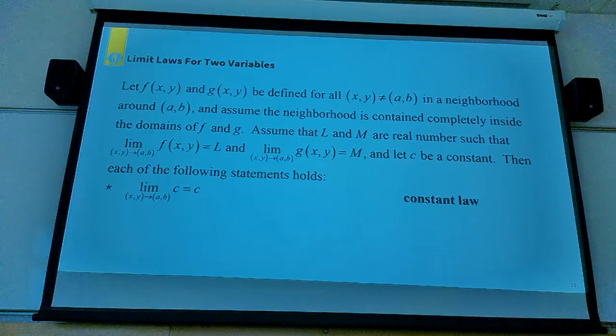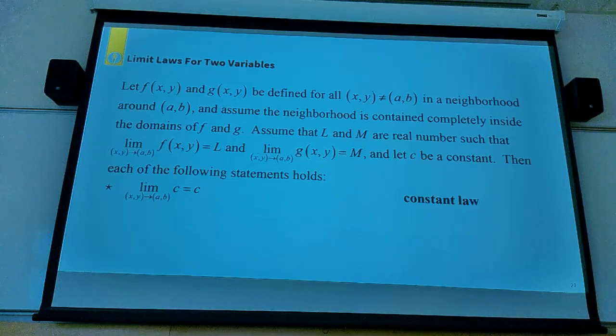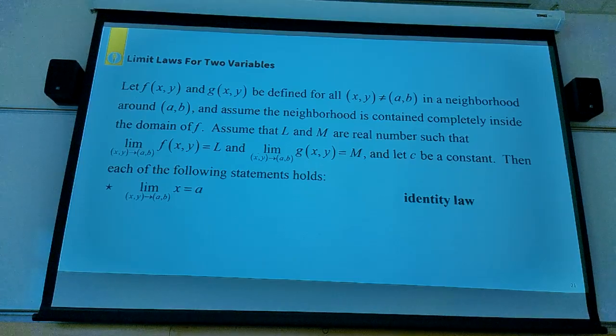The limit of a constant is that constant. The limit of x is just a. So if it's just a single variate function you take the limit of, it acts as a single variate limit. Same with the limit of y. Those are your two identity laws.